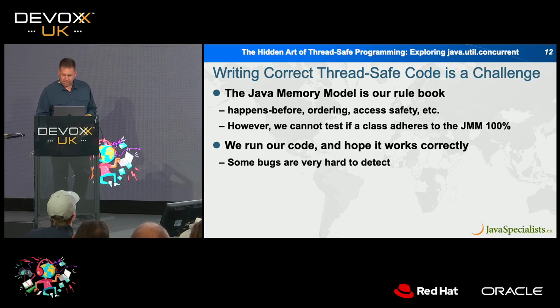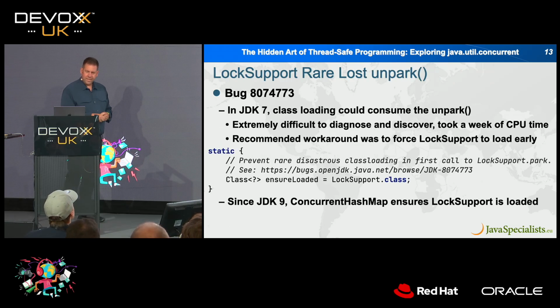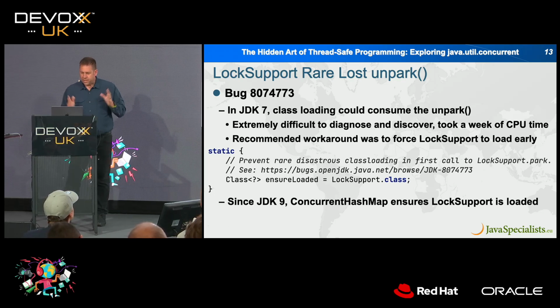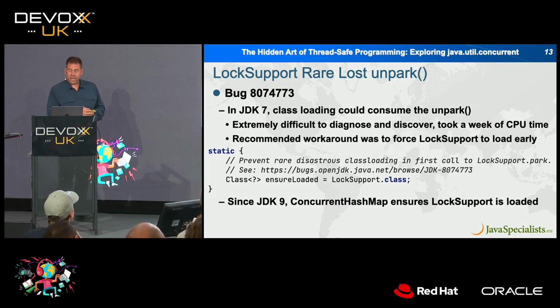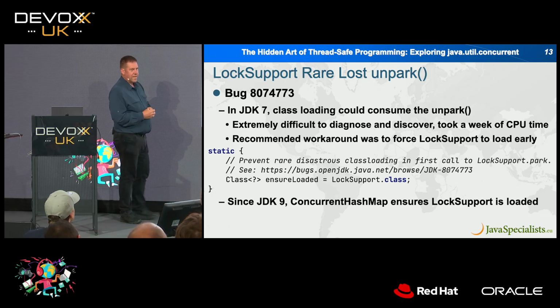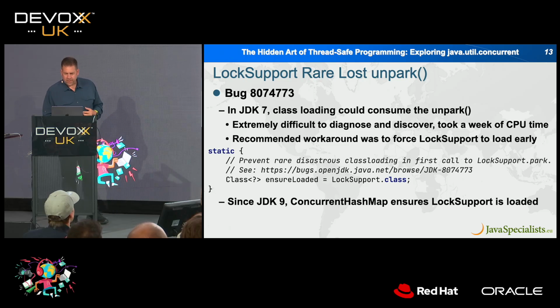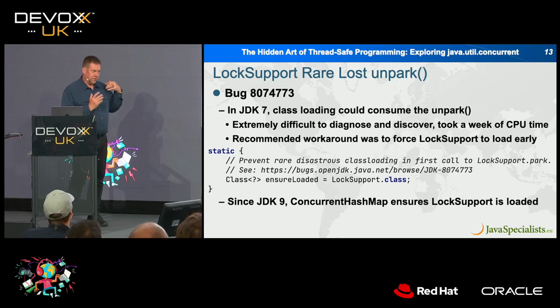And it's the same problem with the memory model. So here's a bug that I discovered hidden away in the JDK. Basically, it's a very strange bug that has to do with LockSupport. When the class is loaded, sometimes the LockSupport loading mechanism can send an unpark to whichever thread is busy loading the LockSupport.